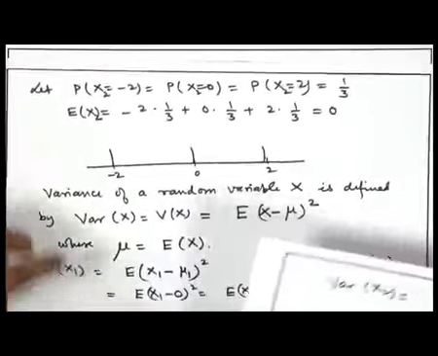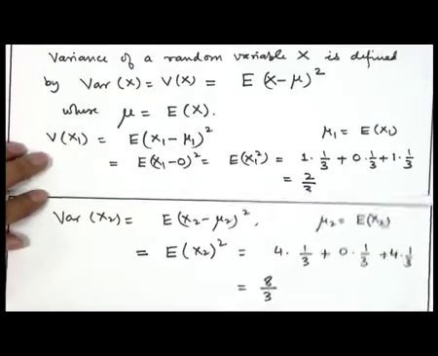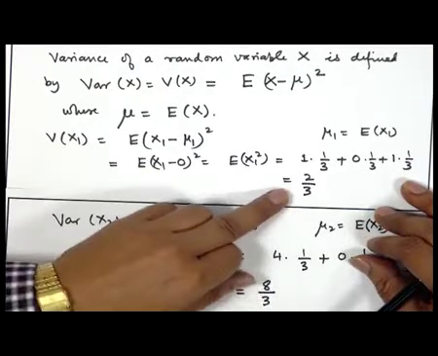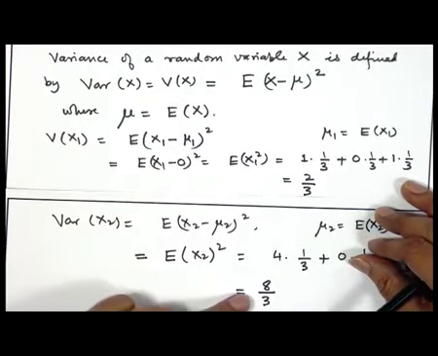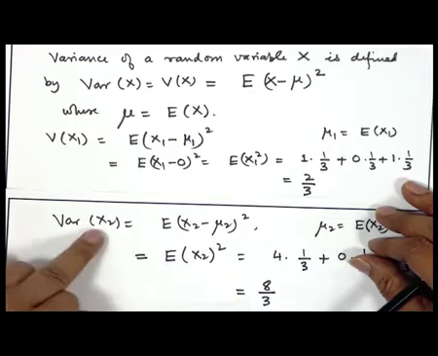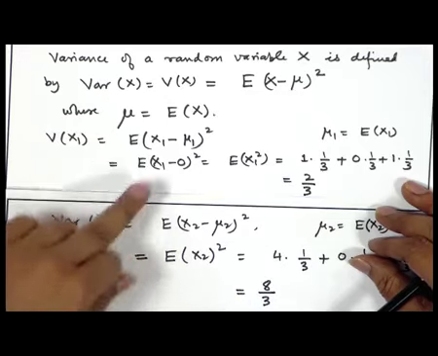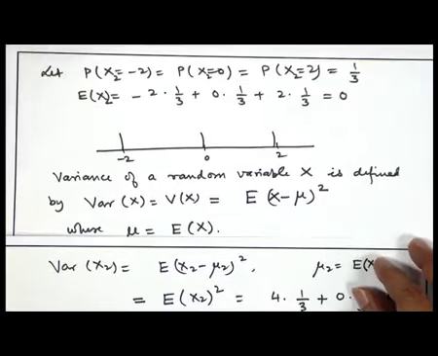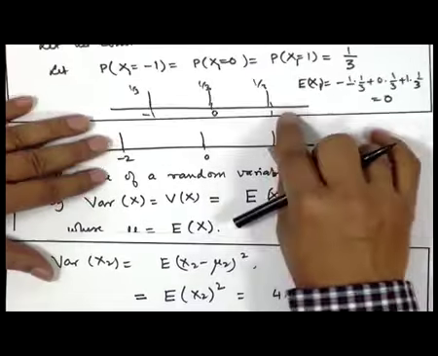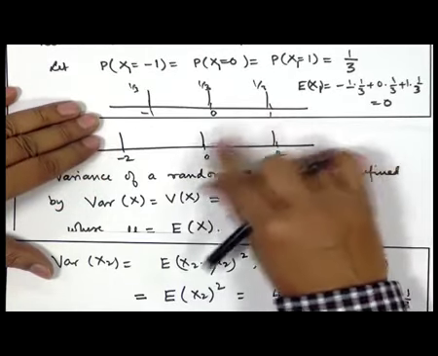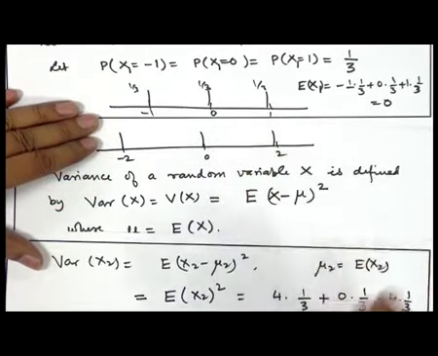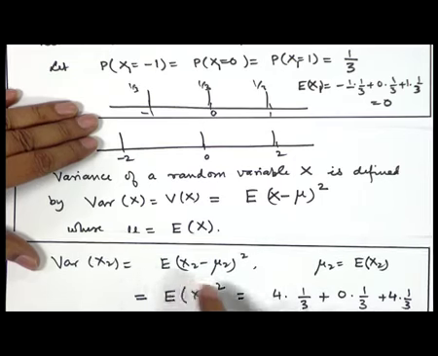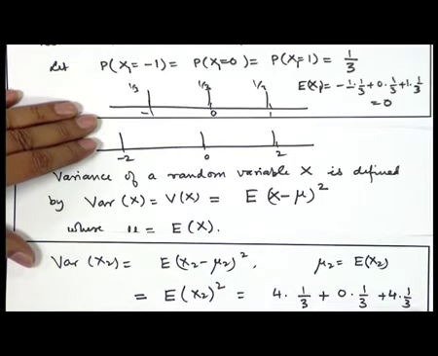Let us compare the variance of x1 and the variance of x2. You can see here variance of x1 is 2 by 3 and variance of x2 is 8 by 3. Naturally, x2 is having more variation than x1. This concept of looking at whether there is less variation or more variation can be formally studied using the term variance.